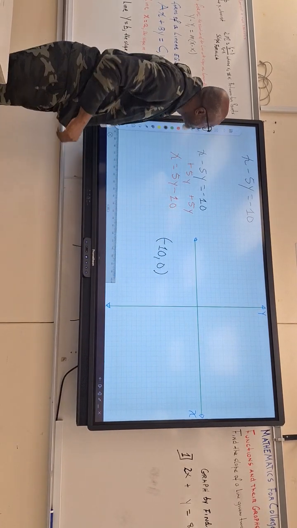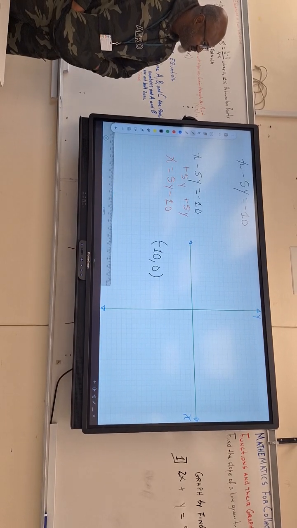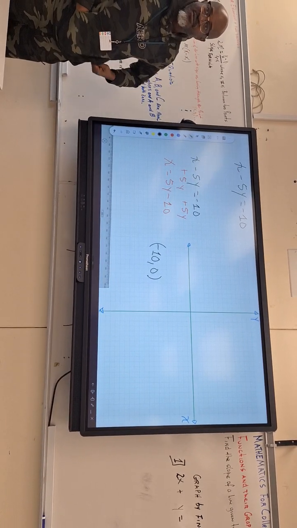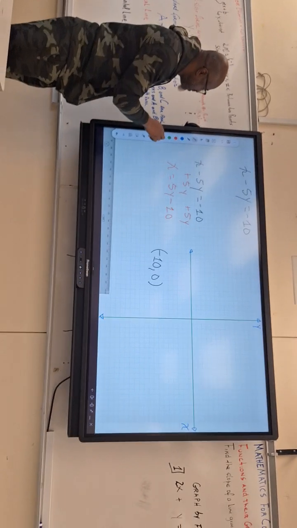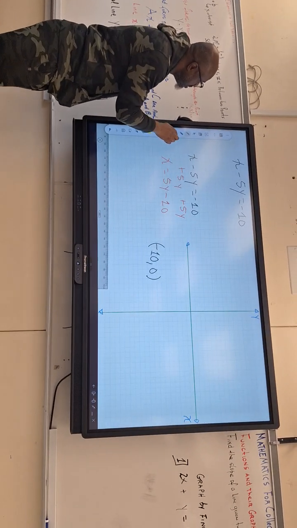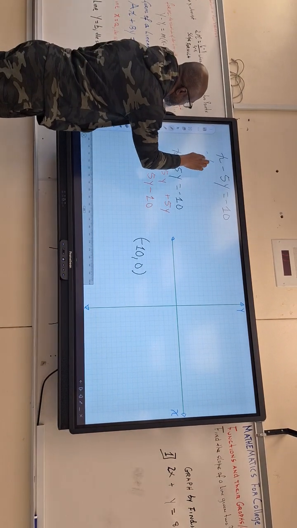Alright. Now I'm going back to solve for y from the original equation so I can get my y-intercept. If I'm solving for y, what do I need to do? Subtract x. That's one way.